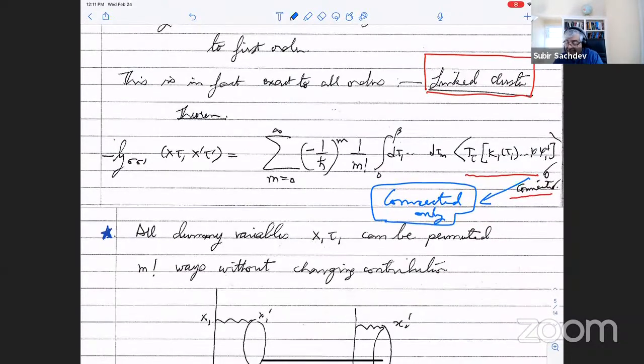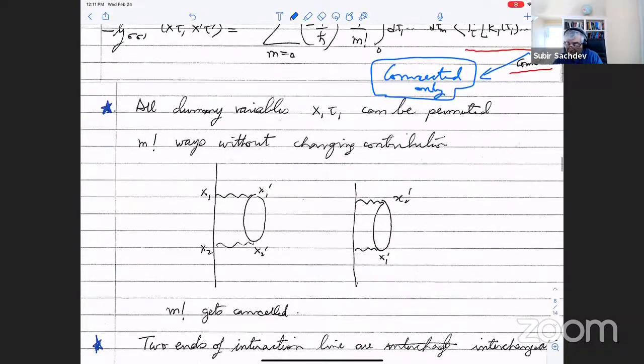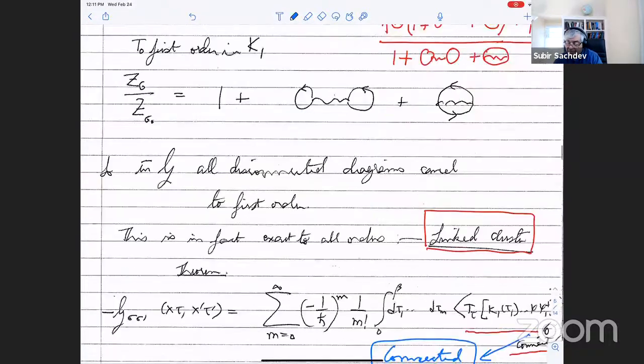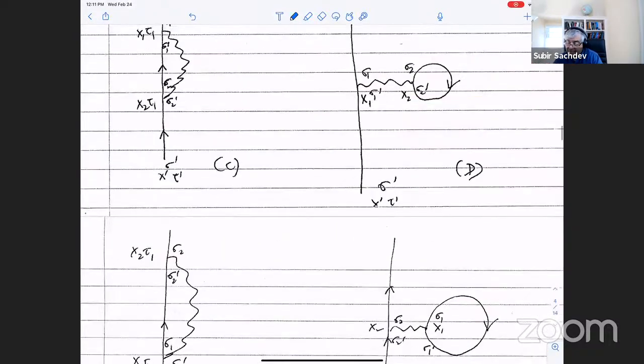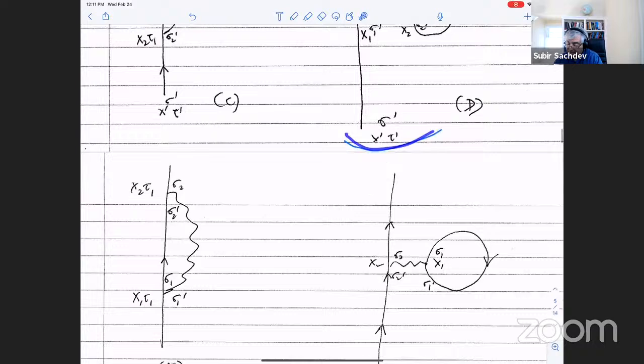All right, so from this, now you can get a set of rules, which I've written down here, which are also in the book. These are rules for counting various numerical factors that come in front of diagrams. Because what you notice here, for example, is that this diagram and this diagram come twice.